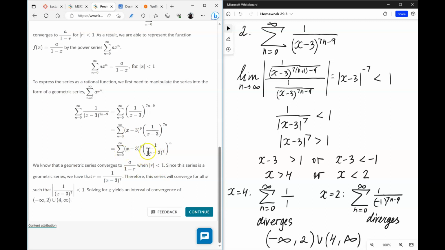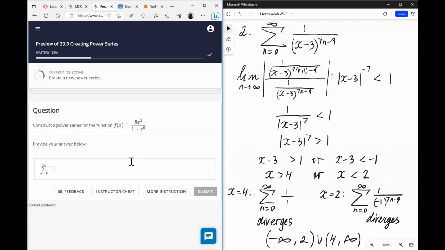Right, so this solution is a little unintuitive, so I would stick to the ratio test. All right, moving on.